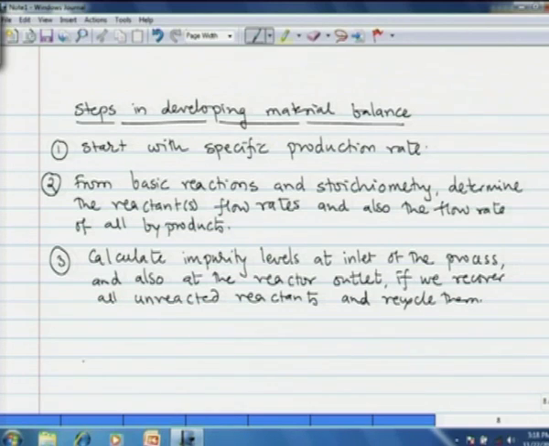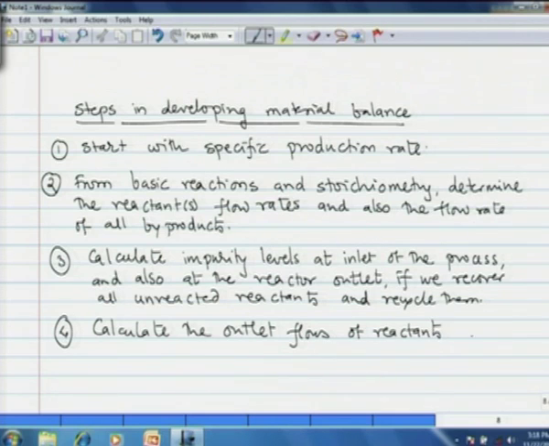Next is to calculate the outlet flows of reactants in terms of the specified amount of excess.